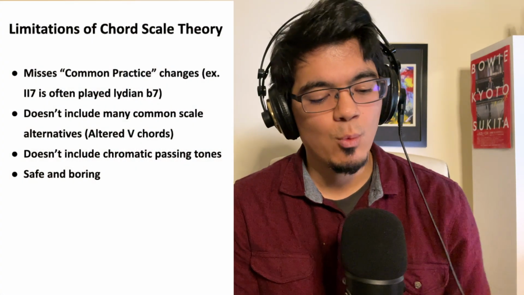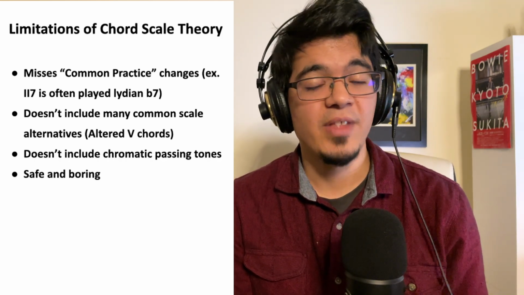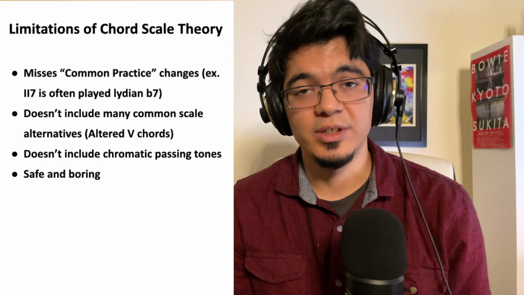While we're looking at the chord scales to this song, I'd like to mention some of the shortcomings that I personally see in chord scale theory. One is that it misses many of the common practice alterations that many great improvisers will use over these kinds of songs.